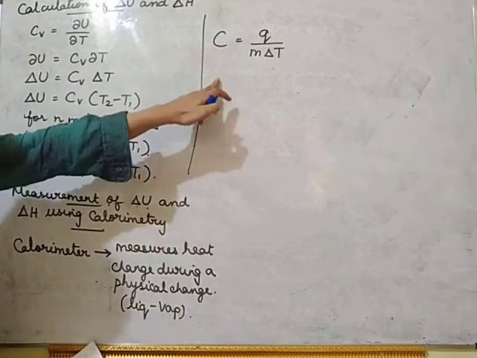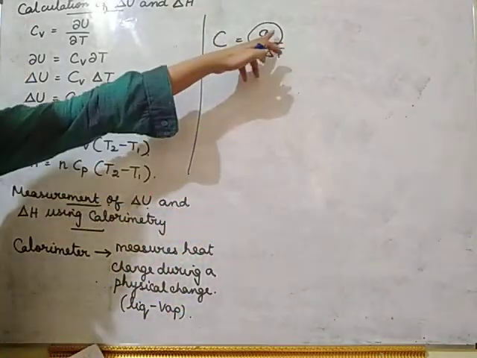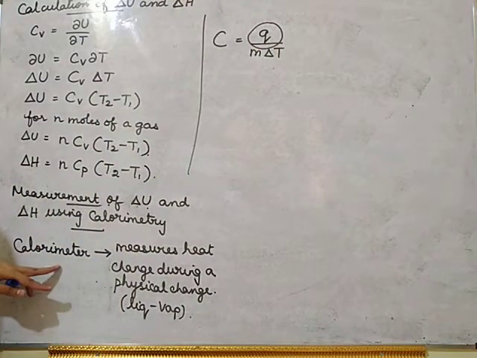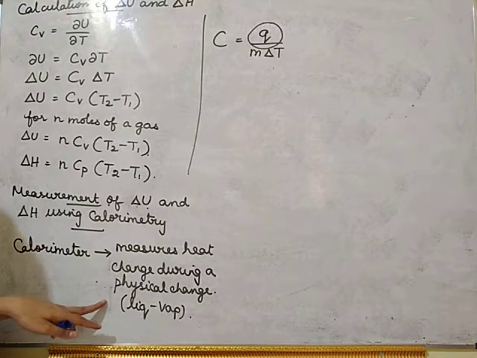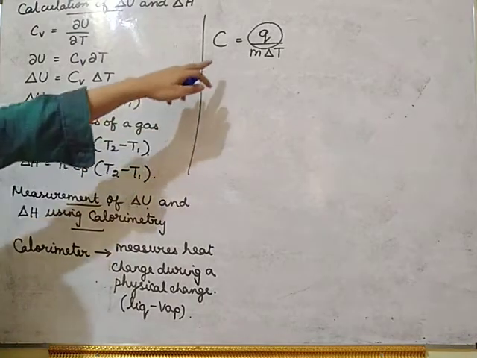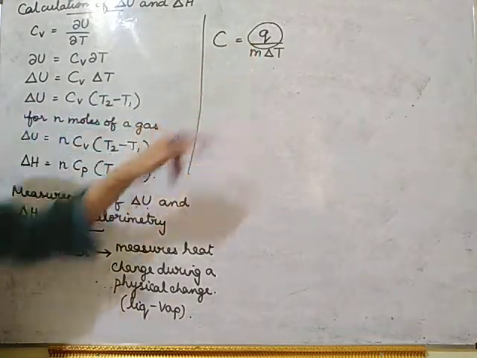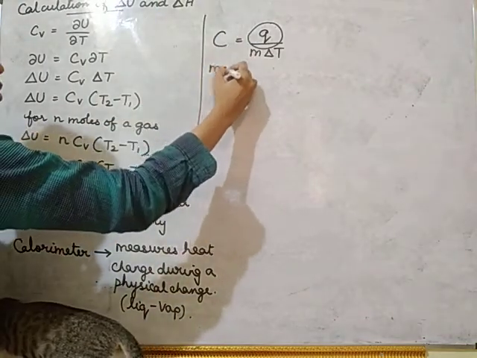Using this relation only we are going to calculate the heat. Heat change means Q we are going to calculate. So during a physical change, how much heat change is happening? That is measured by the instrument calorimeter. The formula used is C is equal to Q divided by m delta T. So we are going to measure this Q.